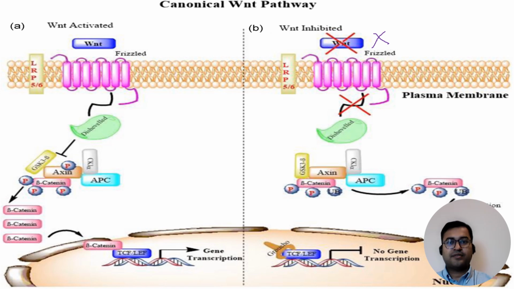In that case, this destruction complex is going to remain active, and it is going to phosphorylate this beta-catenin, and this beta-catenin will be destroyed. So in the absence of Wnt ligand, there is no beta-catenin, and hence this target gene is suppressed.